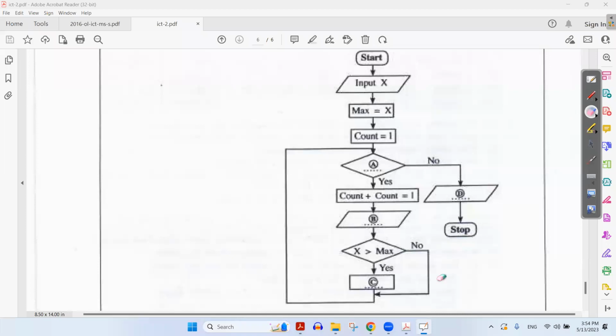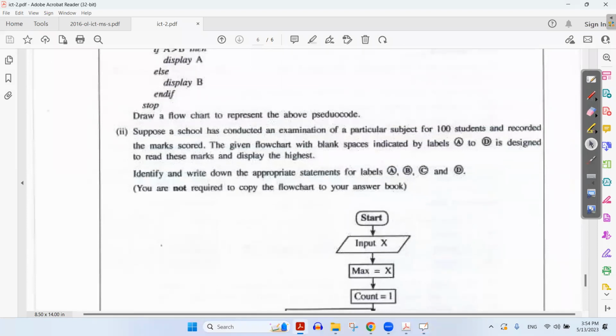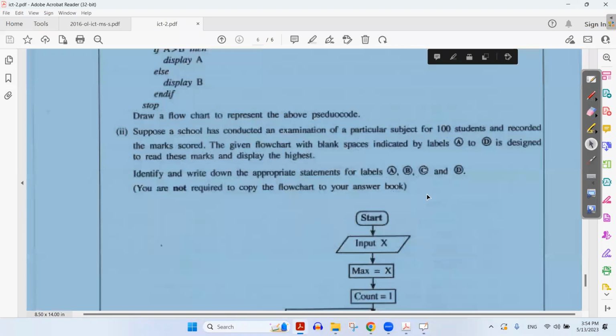Yeah, so the purpose was, as they were discussing, if there are 100 students in this particular exam, here they are going to display the highest one.